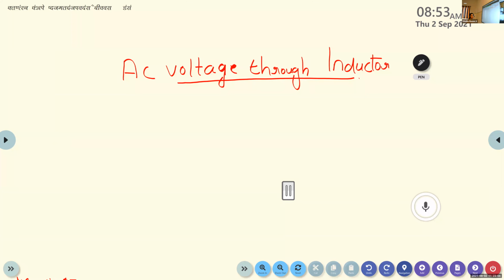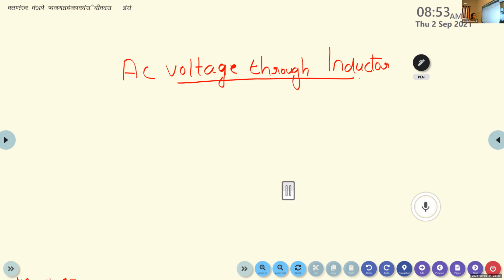Here we can derive some expressions. What is the nature of current developed in an inductor when it is connected to an AC voltage? And what is the nature of power generated in an inductor when connected to AC voltage? We need to represent them graphically, and study the phasor diagram of the AC voltage through inductors, just similar to the case of AC voltage through resistor.